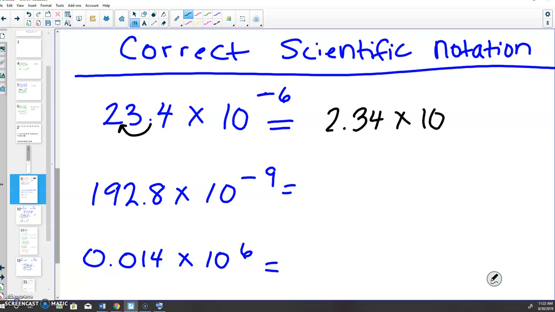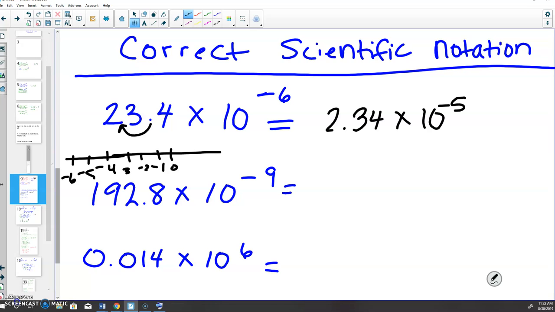So you have to move this one up 1, not back 1, but up 1. So if you have a number line, 0, -1, -2, -3, -4, -5, -6. You're moving it up 1. It'd be what? -5.